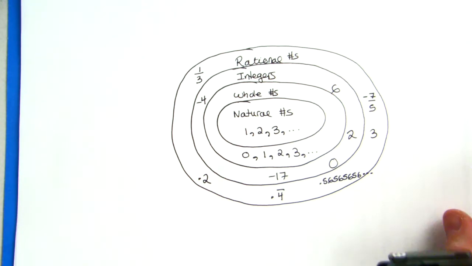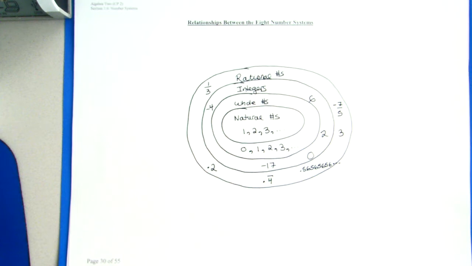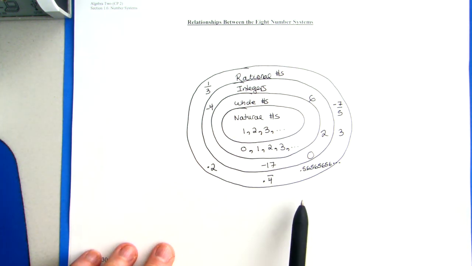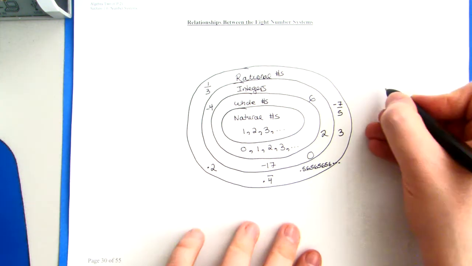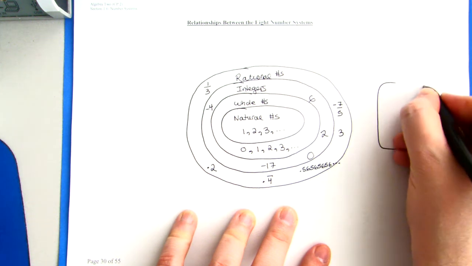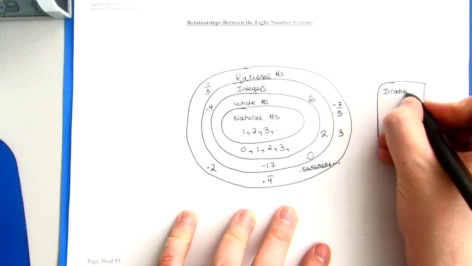And we've got our ever-growing diagram over here. How can we fit the irrational numbers into this? Where are those going to go? Not a single thing on this page counts as an irrational number. I need a separate set on the side. I'm going to draw a little circle over there, and I'm going to say irrational numbers.